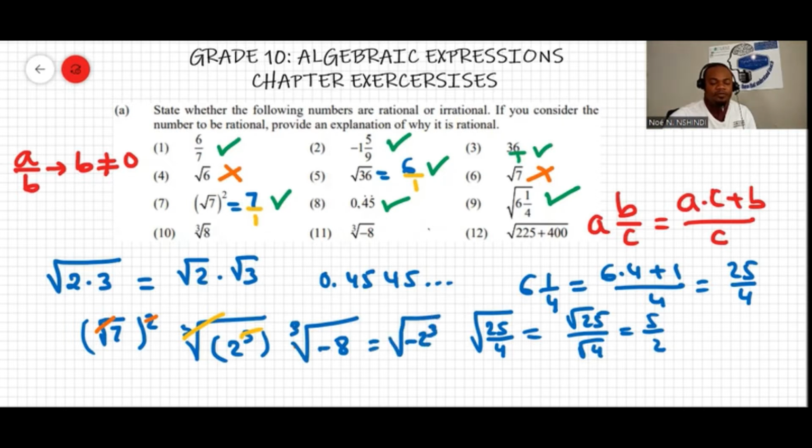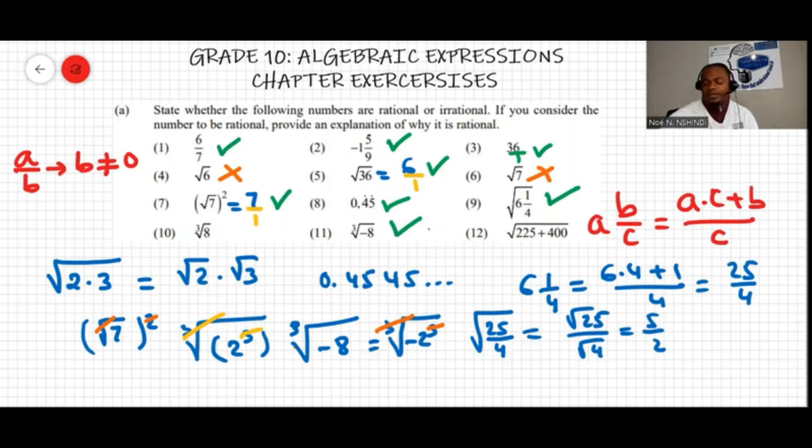The cube root can cancel the power of 3, because the index here is odd. So this is going to be -2, which is still a rational number.